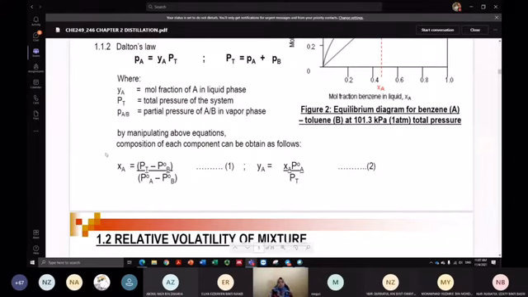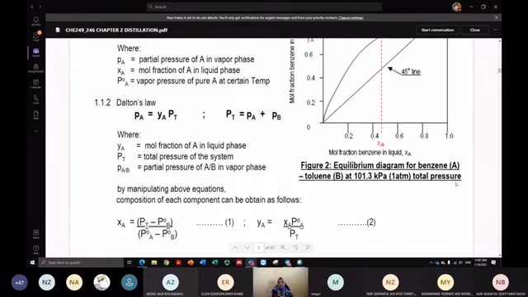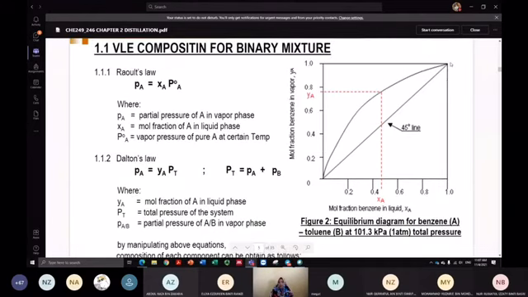So what is this actually, XA and YA? Look at this, you have the equilibrium curve here. How do you get the equilibrium curve?